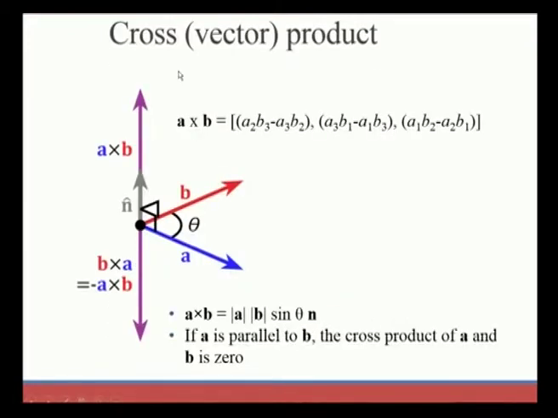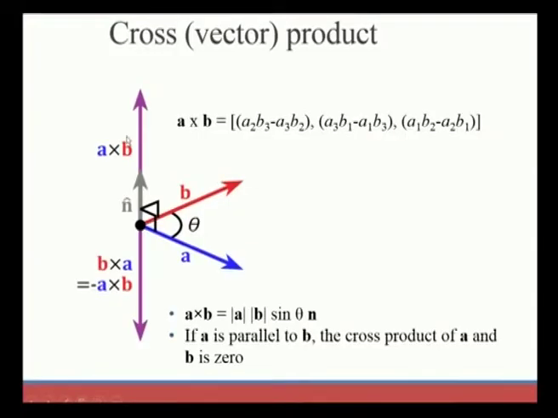Next is the cross product, which is a vector product of two quantities and always represents a vector quantity.